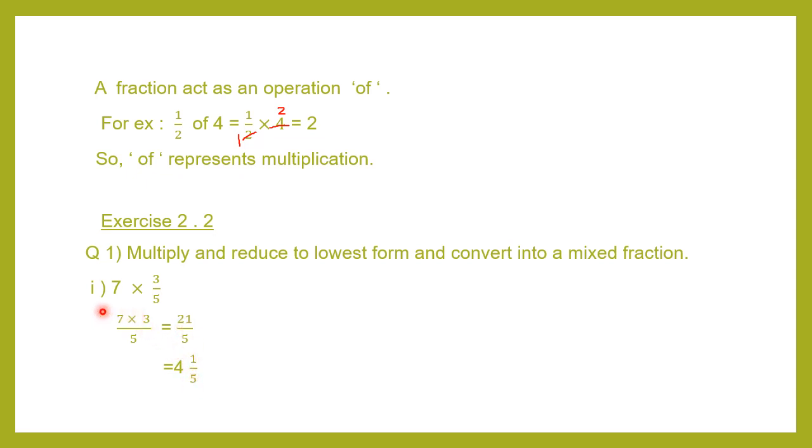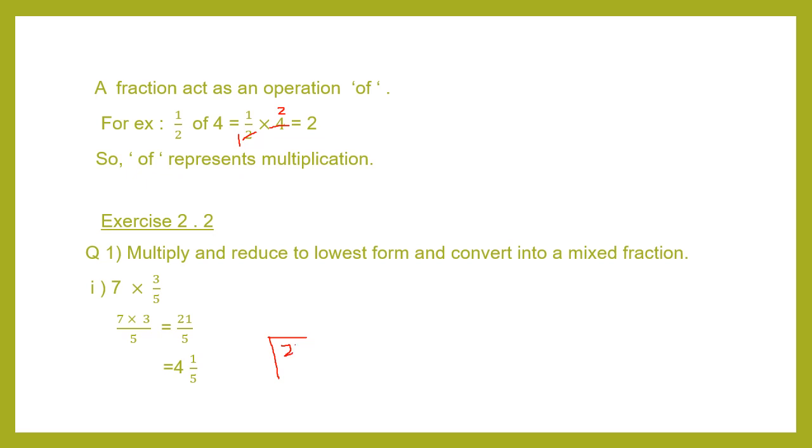So question first one, 7 multiplied by 3 by 5. So what you have to do? You have to multiply the numerator with whole number. So here whole number is 7 and numerator is 3. So 7 multiplied by 3 divided by, write the denominator same, so that is 5. 7 3s are 21. 21 by 5. So this is improper, so convert to mixed fraction.